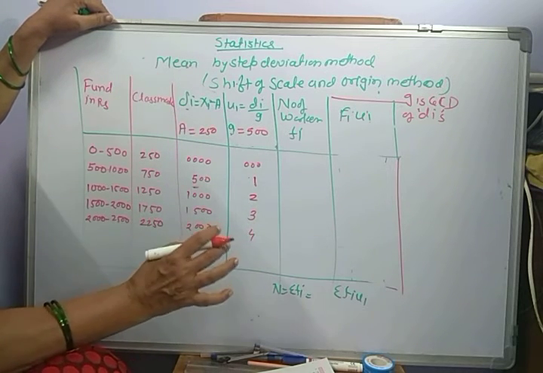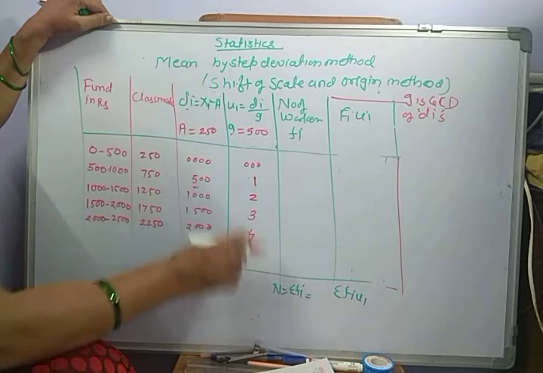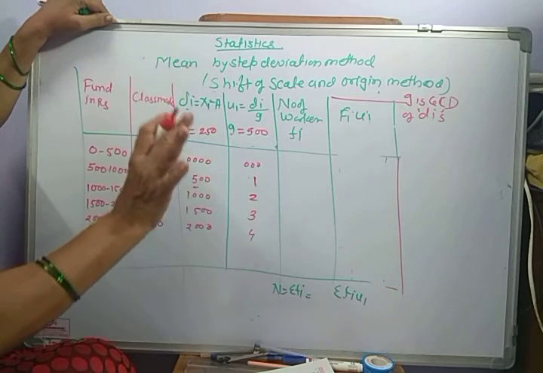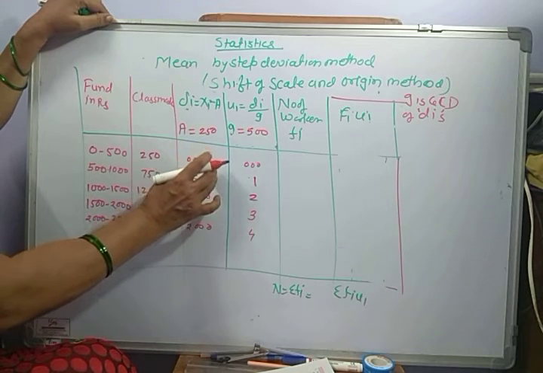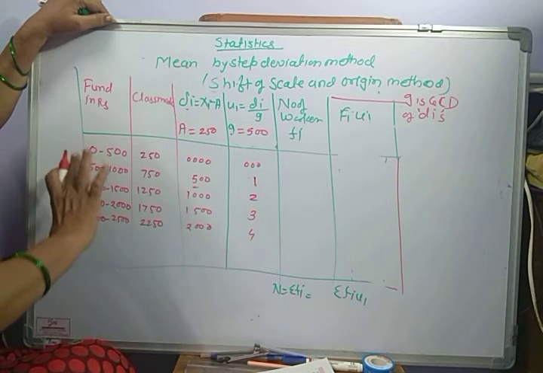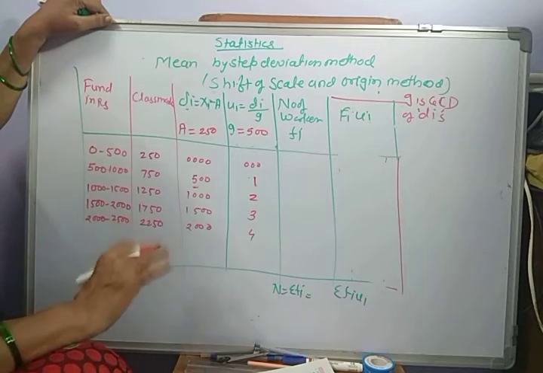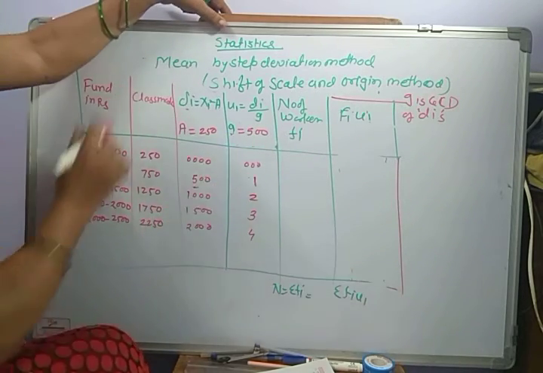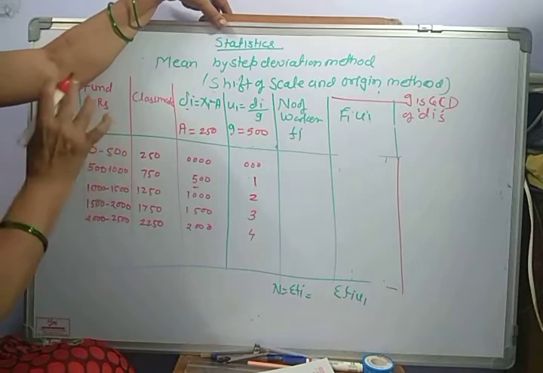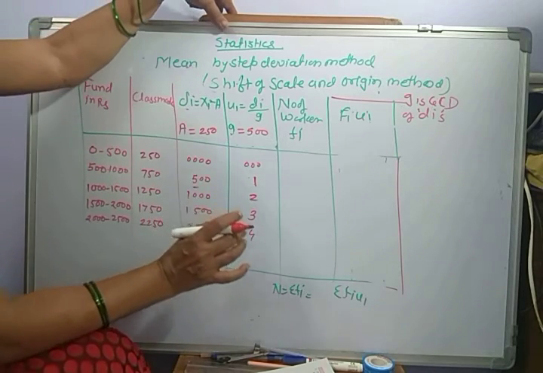Every time you use GCD, these numbers will be only 1, 2, 3, 4. If the classes are different, not the same or not continuous, then you will not get 1, 2, 3, 4.